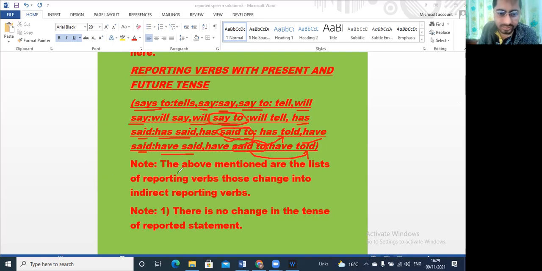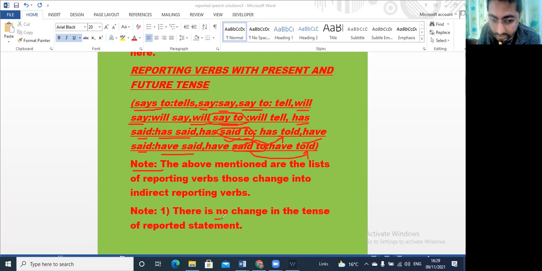Now let's know further information. Note, what is the main thing we have to understand? The above mentioned are the list of reporting verbs, those change into indirect reporting verbs. Note, there is no change in the tense of the reported statement.